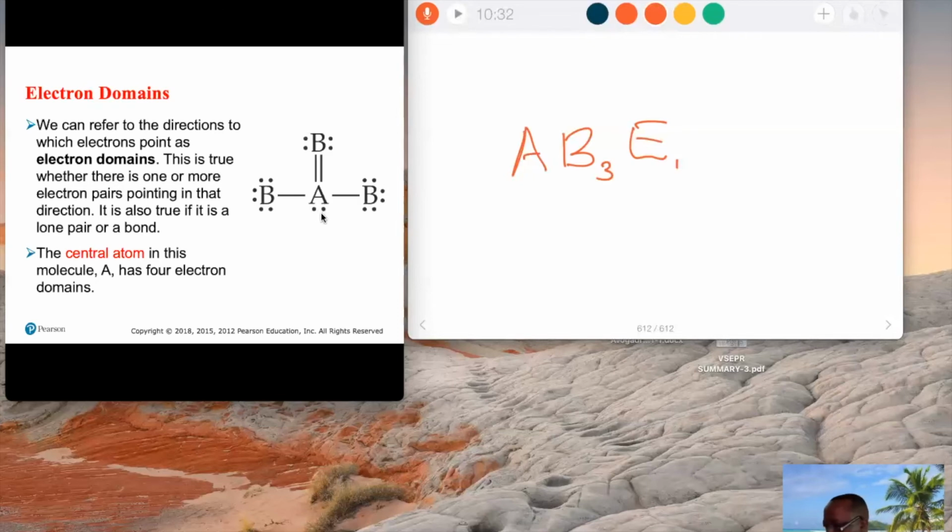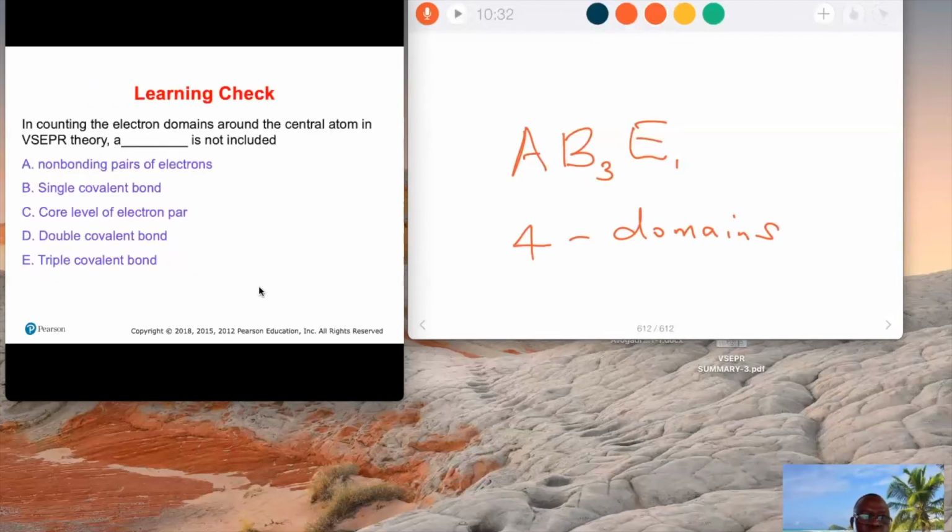So this has 4 domains. I can say this has 4 domains around the central atom. That's what we're going to have.